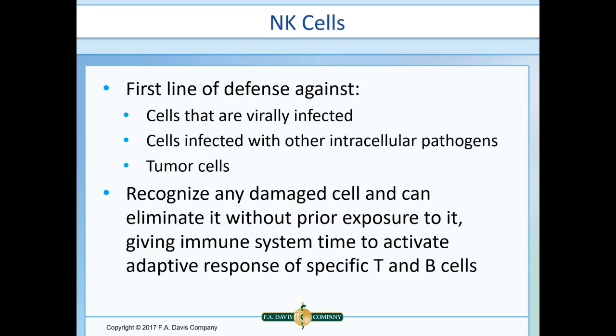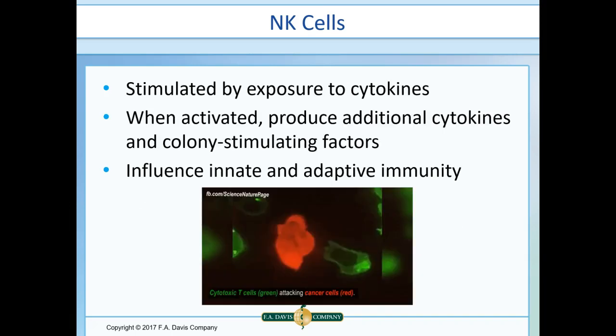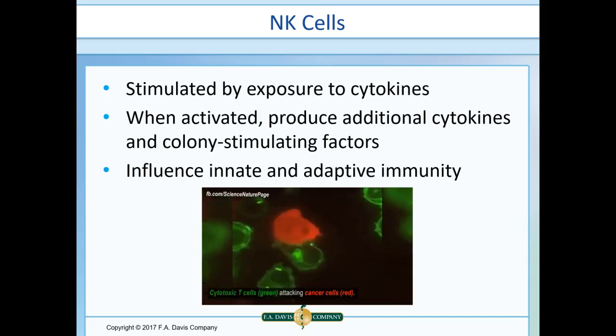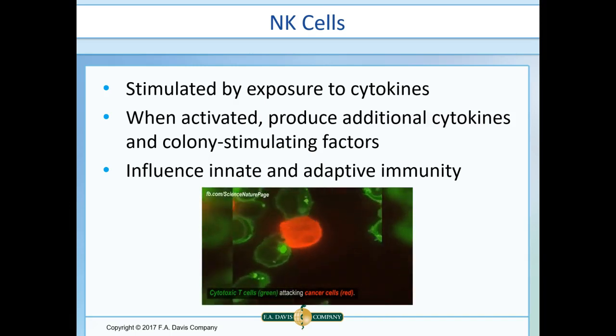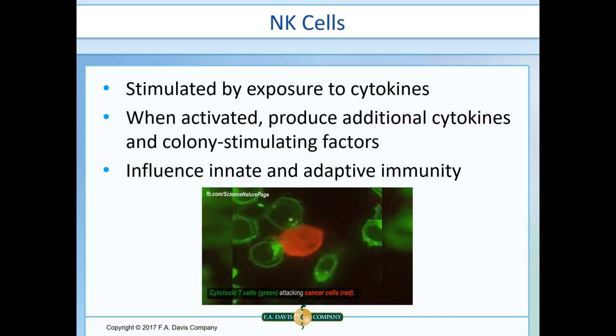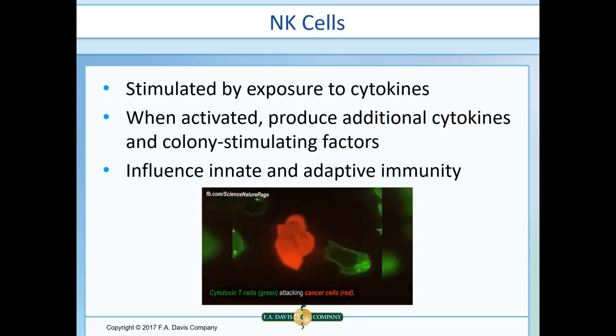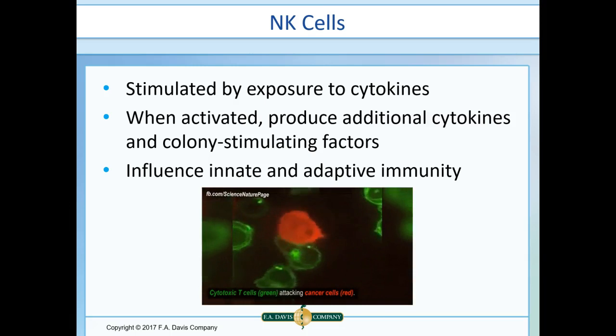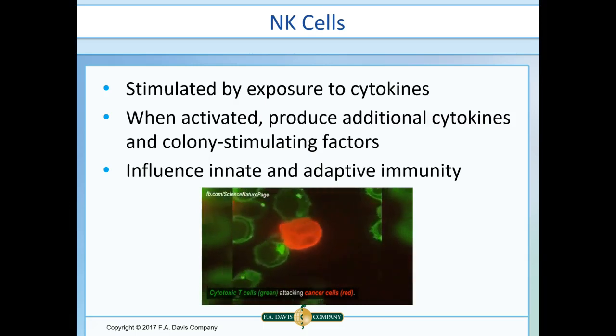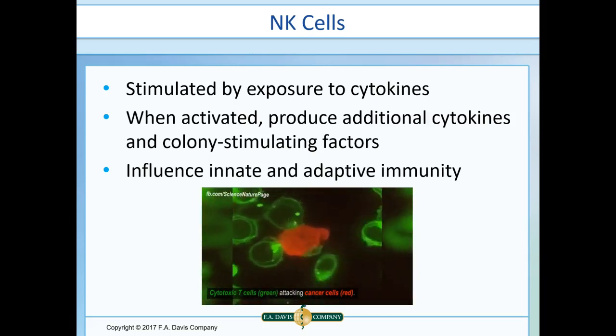So sometimes there's things in there that shouldn't be there, and if your body had to wait for the adaptive immune system to come in, it would be too late and we'd all get really sick and die. That'd be unfortunate, right? So these are stimulated by exposure to cytokines, and when activated, they produce additional cytokines and colony-stimulating factors. These influence the innate and adaptive immunity to come in and help out. So they're very, very powerful.